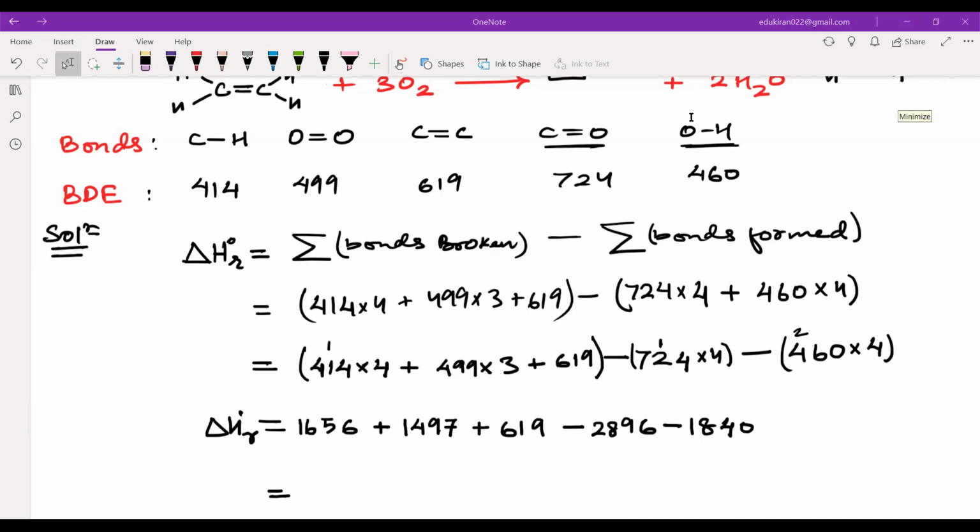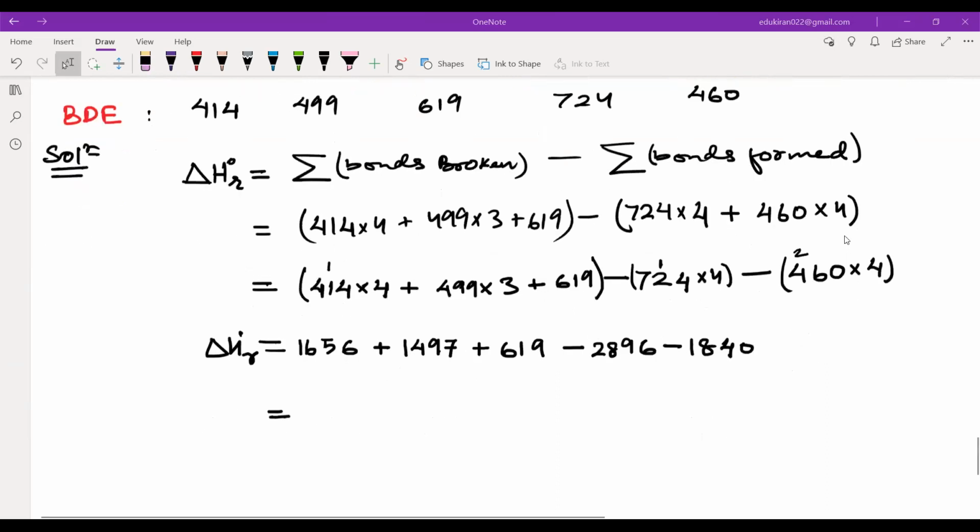Sir, calculation mistake. Okay. So just write this down. This will be 964 in minus kilojoule per mole. Yes, Marin, correct. Done, all of you?